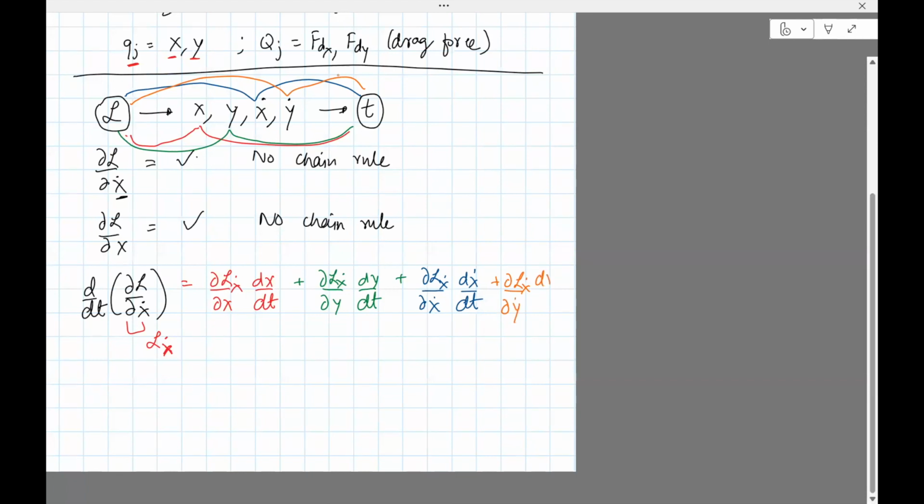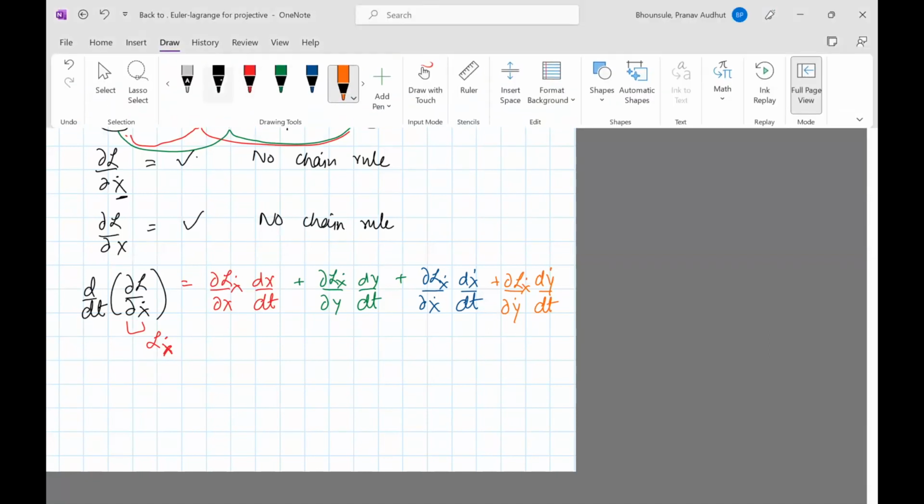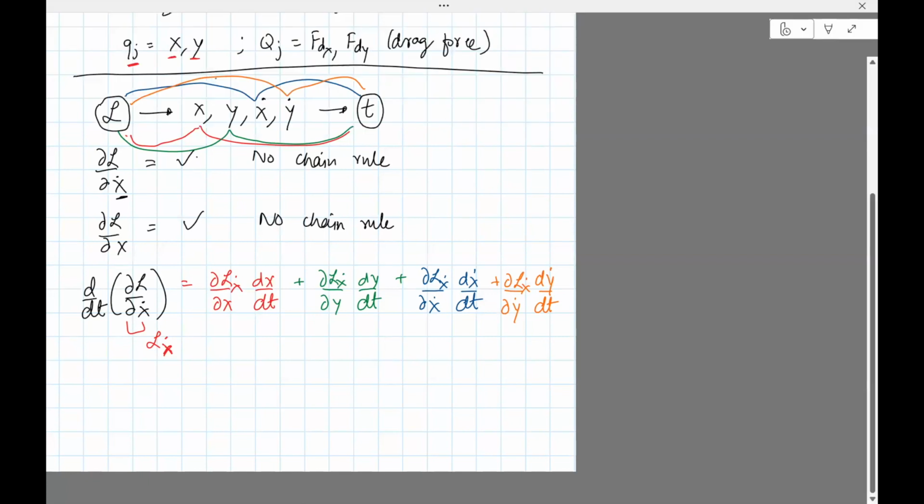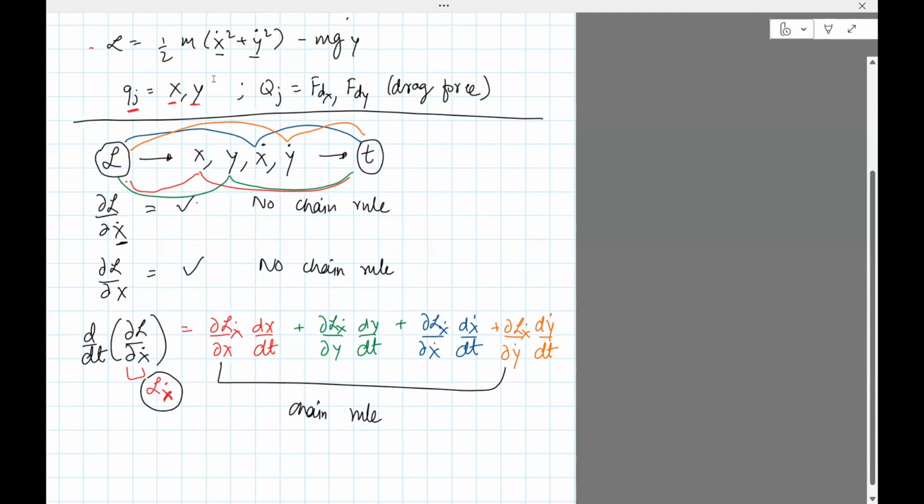Y dot, dy dot dt. That's a subscript, like this, just to make it easy to notate dL dx dot. So this is where the chain rule comes in, only in one expression, and we just keep it that way.